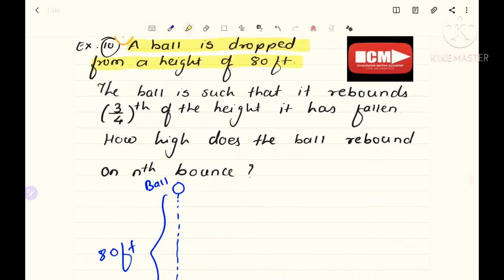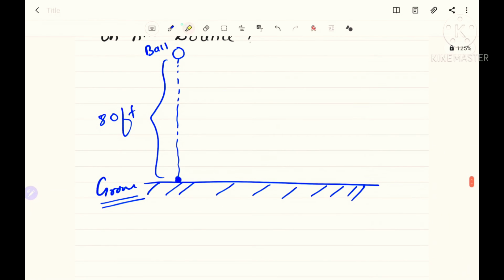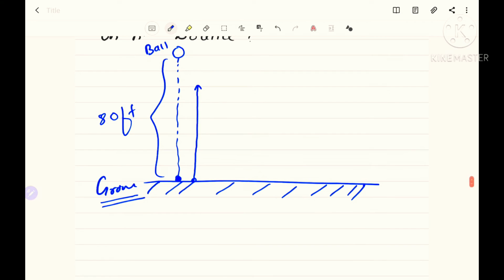Let's try to understand the second sentence of this problem. The ball is such that it rebounds 3/4 of the height it has fallen. According to them, whenever a ball is dropped from such a height, it only bounces back to 3/4 of that height. Let's say this is 3/4 of this 80, friends, right?